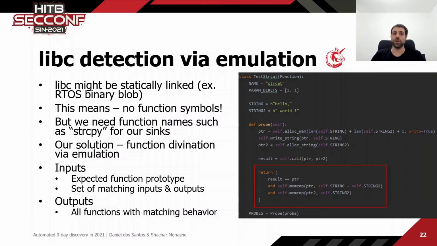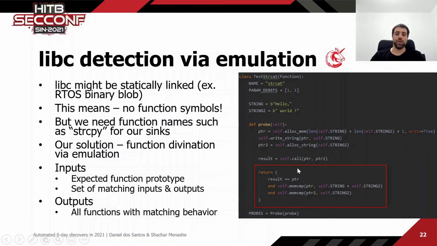We define inputs and a test case: allocating some memory with Unicorn, writing two strings to two different variables, and then calling the function, whatever it is, because we don't know what it really is. It just has to match a given function prototype.